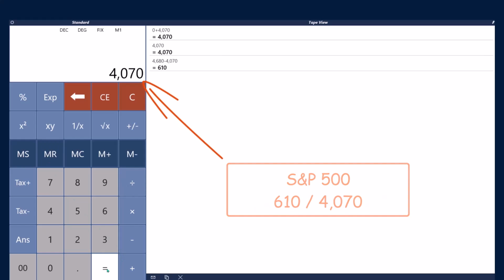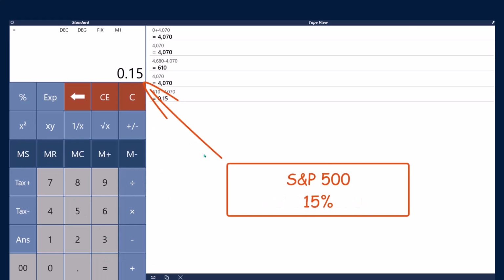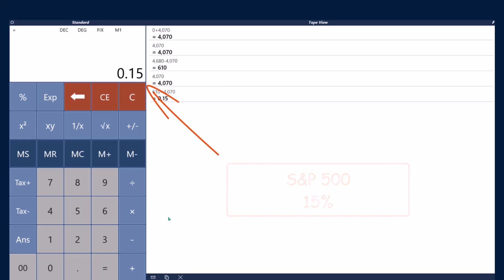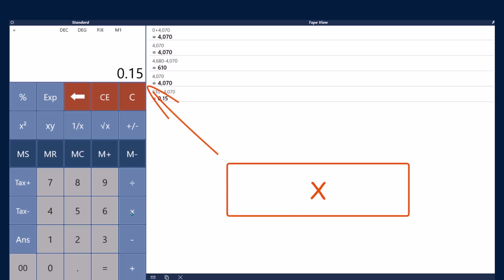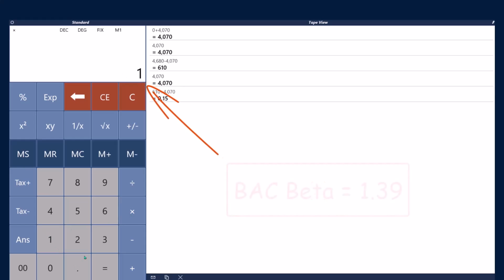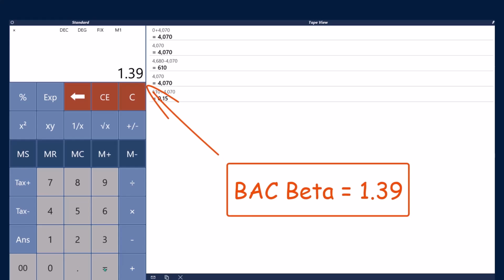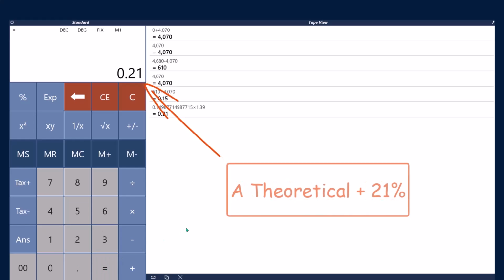So we've got a return of 0.15, multiply that by 100, gets 15%. Then we multiply that by the beta of the stock. Bank of America, as we said, was trading on a beta of 1.39. So we get a total return on the stock of slightly less than 21%, 20.8%.